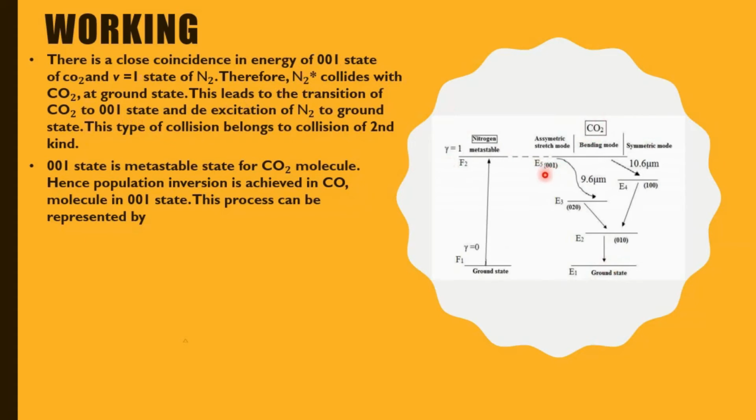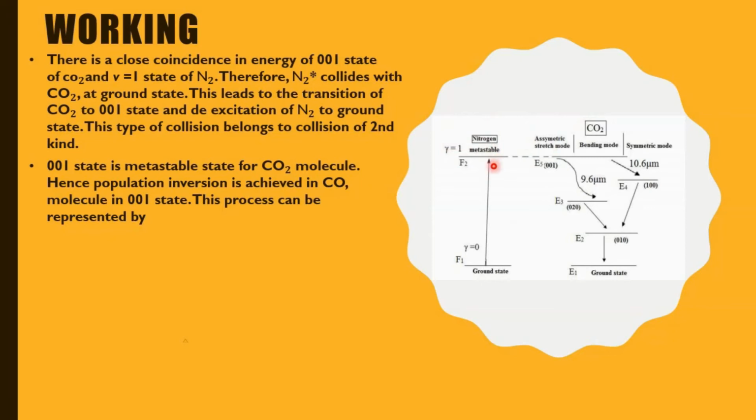The CO2 moves to the 001 state, and there is a de-excitation of N2 to the ground state. This type of collision belongs to the collision of the second kind. There is a coincidence in energy between the 001 state of CO2 and the V equal to 1 state of nitrogen.